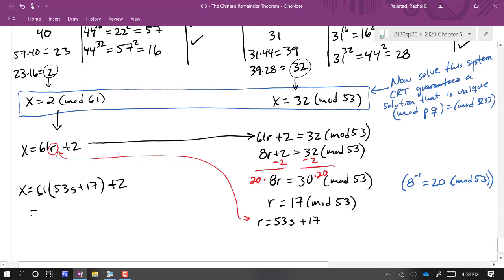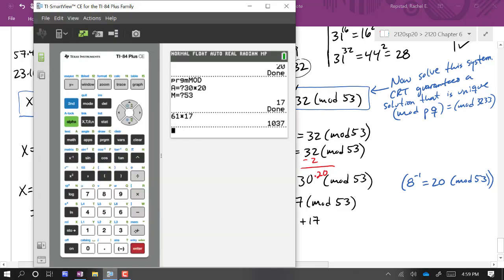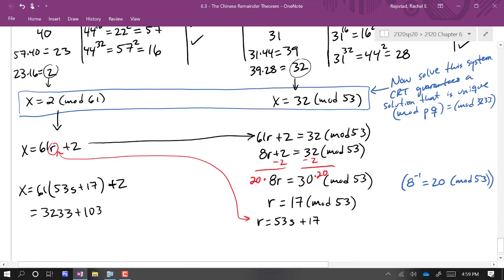Do some algebra to expand this out. 61 times 53 is 3233. 61 times 17 is 1037, plus 2. 3233s plus 1039.